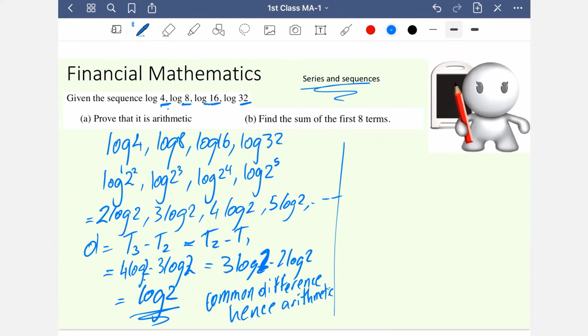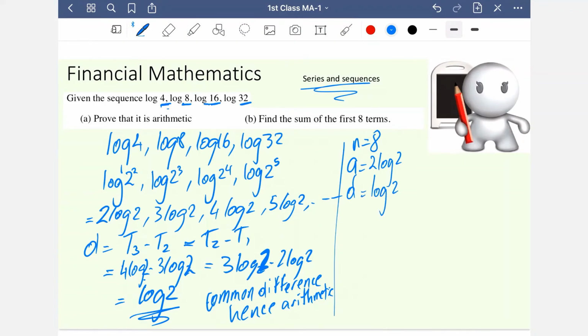Now find the sum of the first 8 terms. Well, I've been given n is equal to 8. I know that my first term is 2 log of 2, and my common difference is just the log of 2.